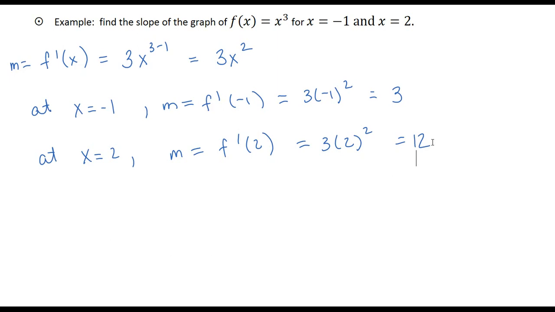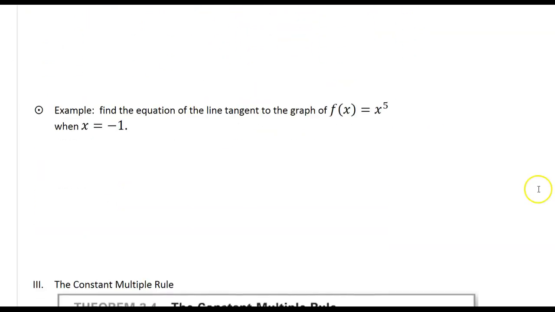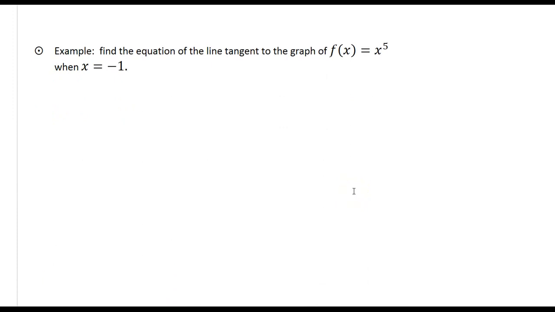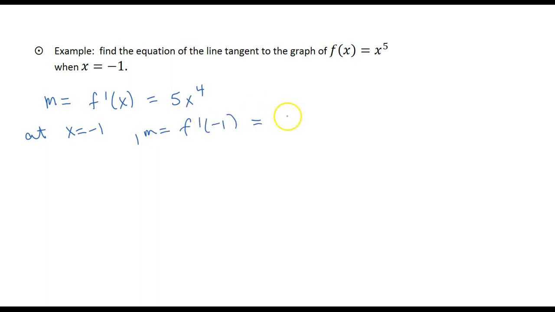So really straightforward. If you needed to find the equation of a line tangent to a graph at a given point, you can do that as well. So in this case, the slope would be f prime of x, which would be 5x to the fourth. And when x equals negative 1, m would be f prime of negative 1, or 5 times negative 1 to the fourth, which is 5.